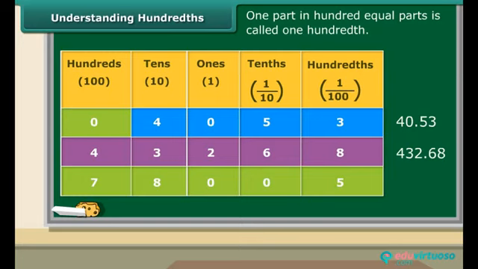Now pay attention to the third row. 700 plus 8/10ths plus 5/100ths will make 780.05. We can extend the place value table further from hundreds to thousands.